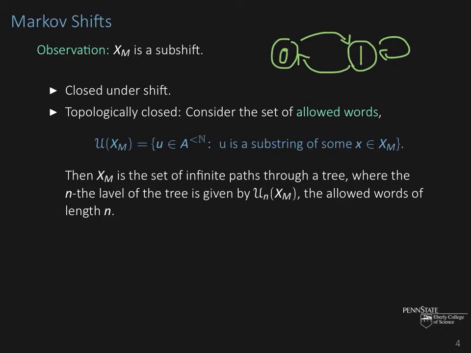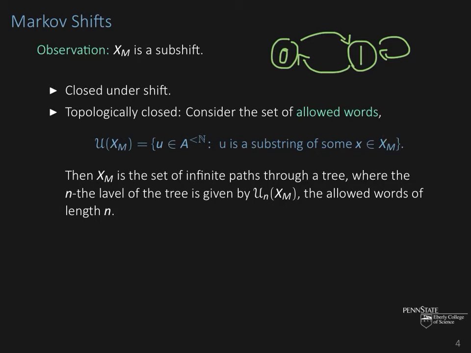So which tree are we looking at? Remember in the first lecture on subshifts, we looked at the set of forbidden words that corresponds to a subshift. Now we're actually looking at the set of allowed words. So the set of allowed words is given as U of X_M, the set of all finite strings u over alphabet A, such that u is a substring of some x in our set X_M.